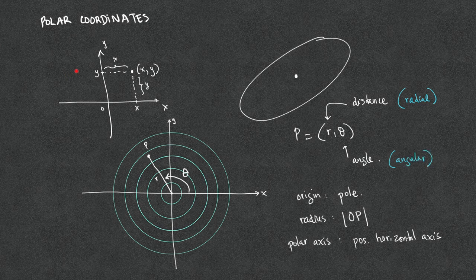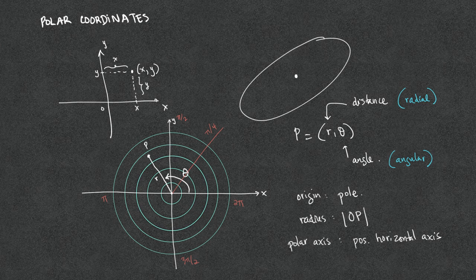The grid lines or the help lines in the Cartesian or rectangular coordinate system consist of the horizontal and the vertical lines. In polar coordinates, the grid lines are circles of radius 1, 2, 3, 4, 5, and the rays starting from the origin indicating the angle: pi over 2, pi over 4, pi, 3 pi over 2, 2 pi, and so on.